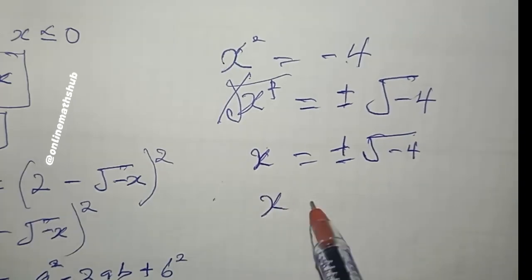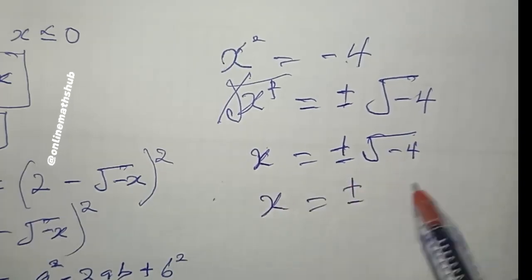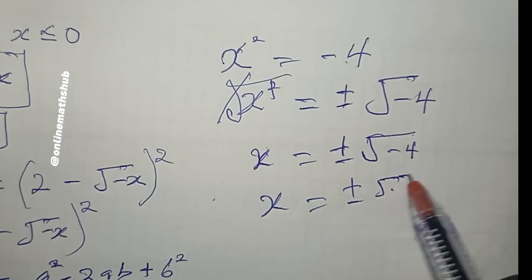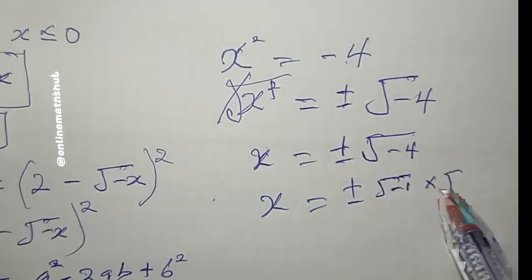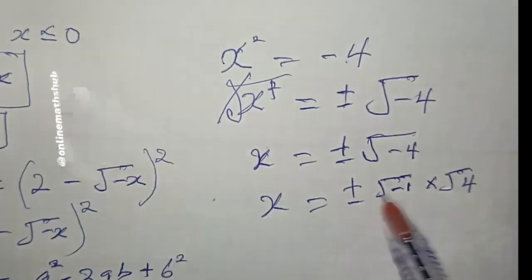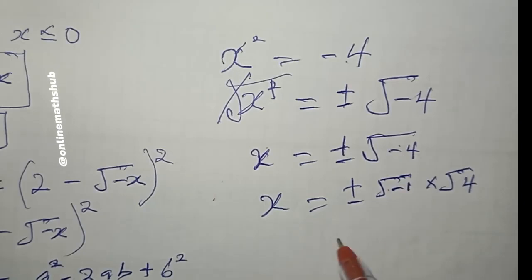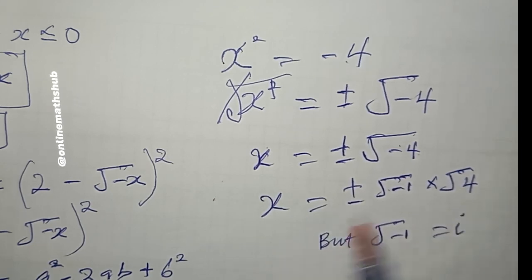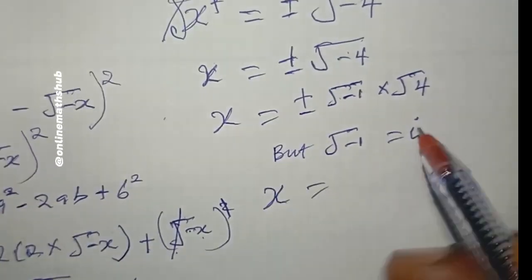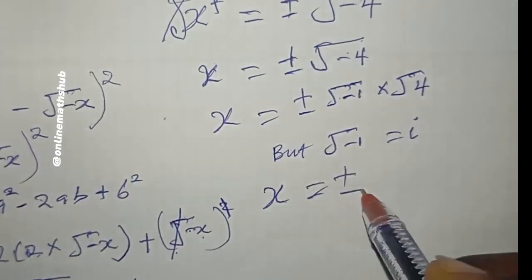And then of course I can go ahead to split this as square root of negative 1 times square root of 4. If I multiply both of them, I'll be back with negative 4, but of course root negative 1 is equal to i.